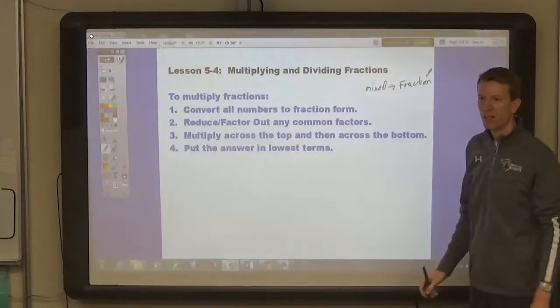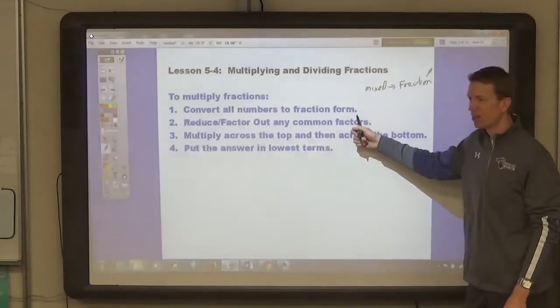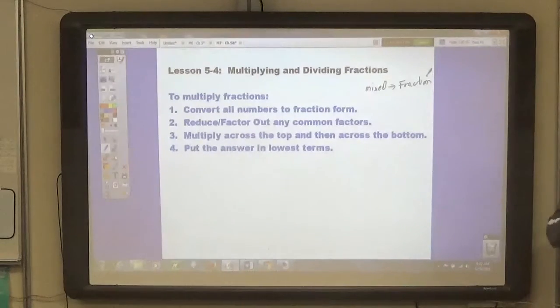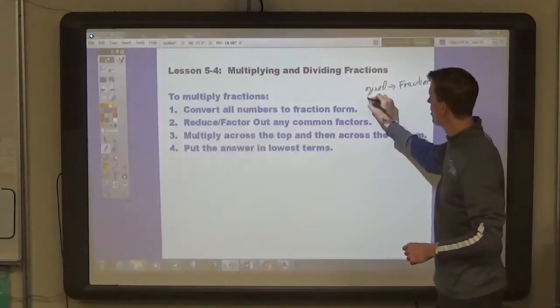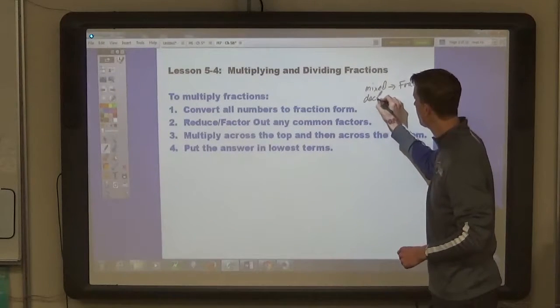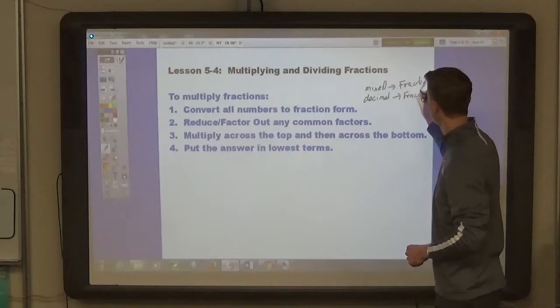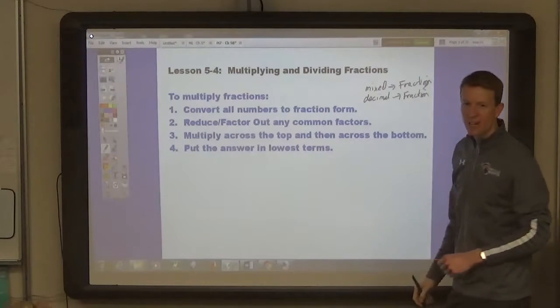Alright? If one of them is a decimal, and one is a fraction that is a repeating decimal, and you can't use that repeating decimal, you have to change the other one that's a decimal to a fraction. All numbers have to be fractions.